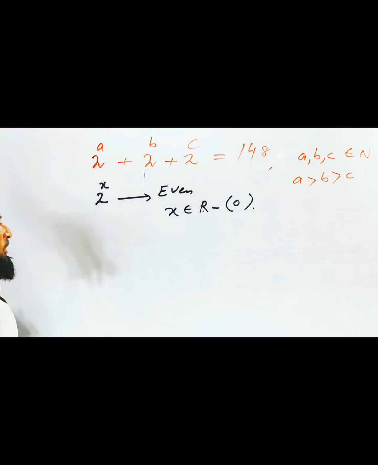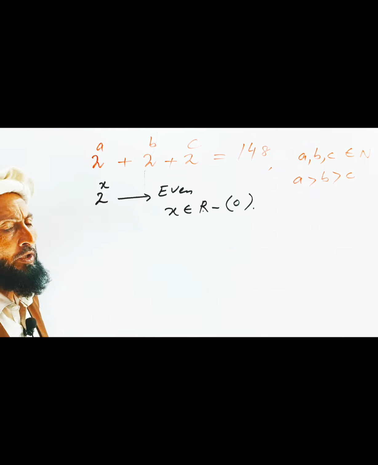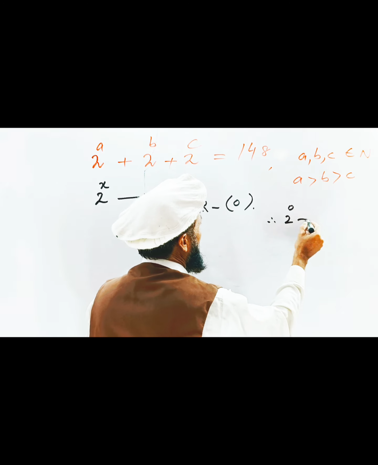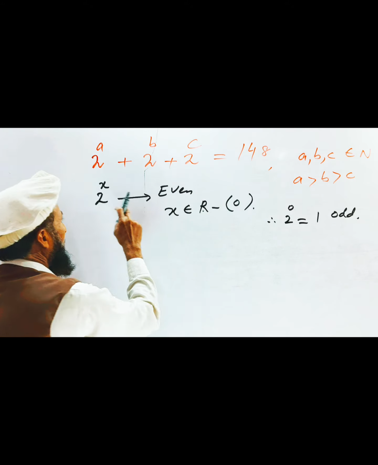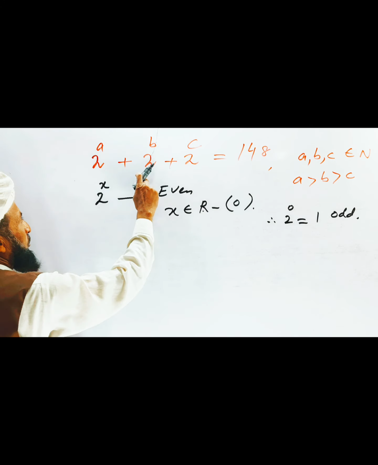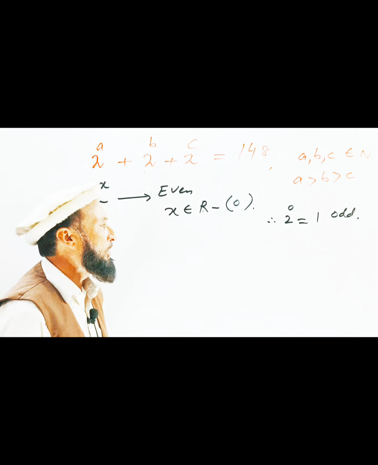If we put 2 exponent of 0, we get 1, which is an odd number, but 2 exponent of x is an even number. Similarly, 2 exponent of a, 2 exponent of b and 2 exponent of c are even numbers.